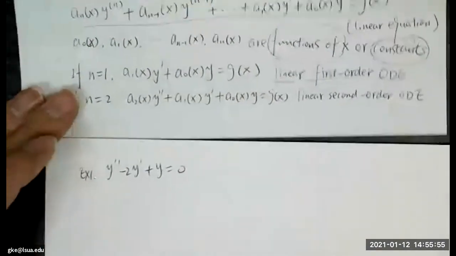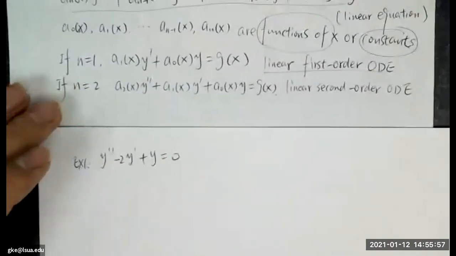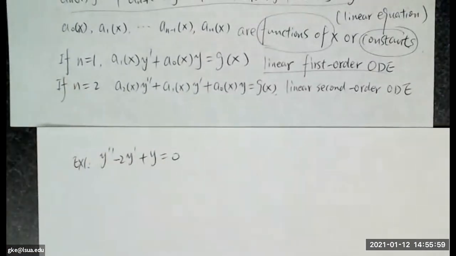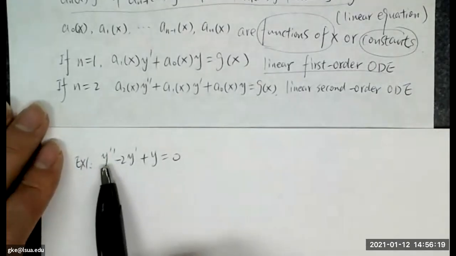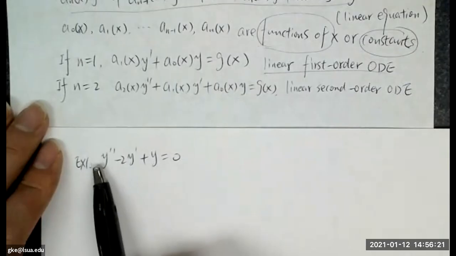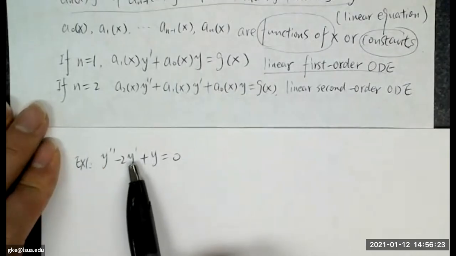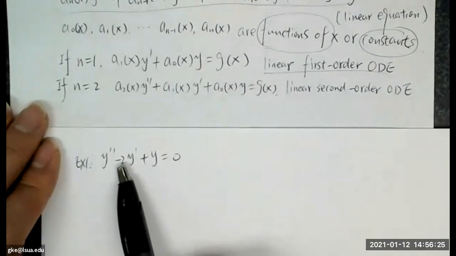Is this one a linear or nonlinear? That's the first question. Is that a linear function or nonlinear? Linear, right? Because what? So check the coefficient for the y. So second derivative, here coefficient is 1. The first derivative of y is -2.